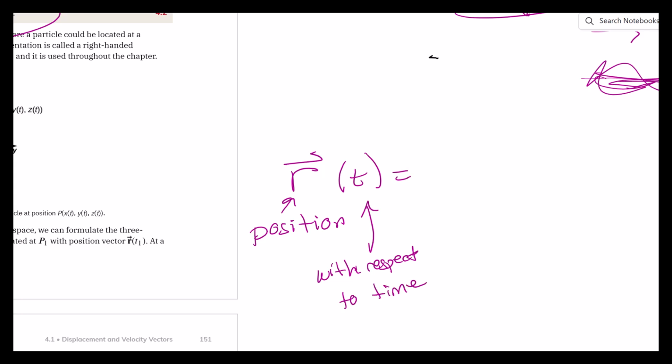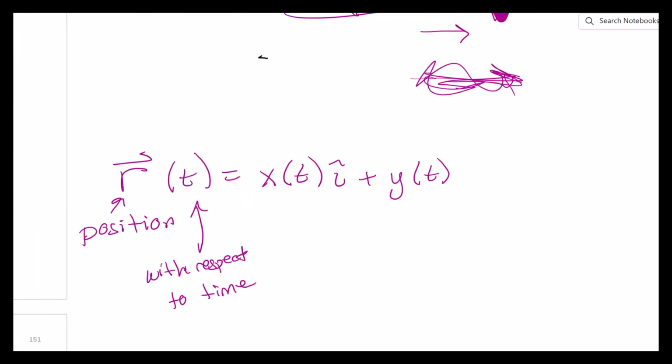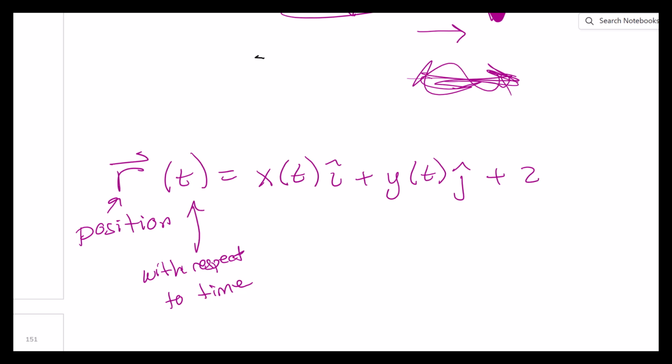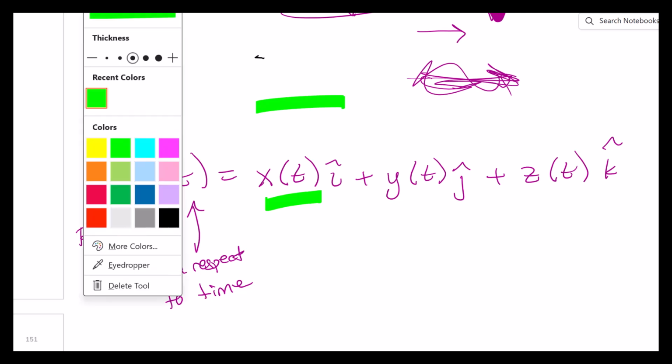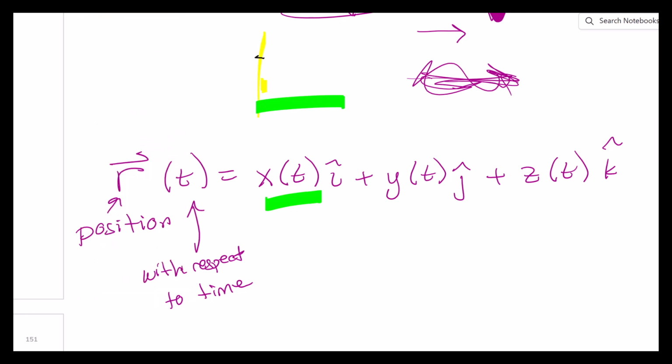And then there is an X descriptor in the i hat direction, a Y descriptor in the j hat direction, and a Z descriptor in the k hat direction. So this is how far you are along X, and then Y, and Z would be coming out of the page. So out of the page is Z.